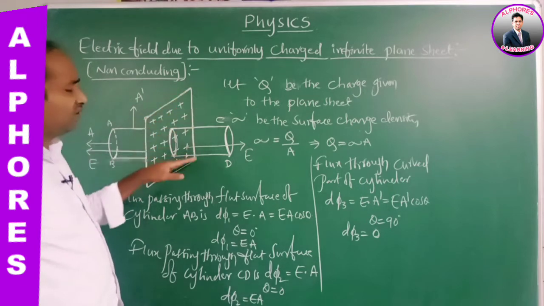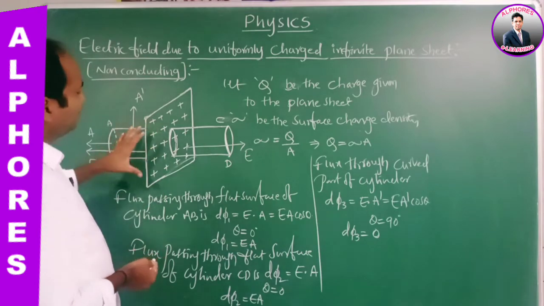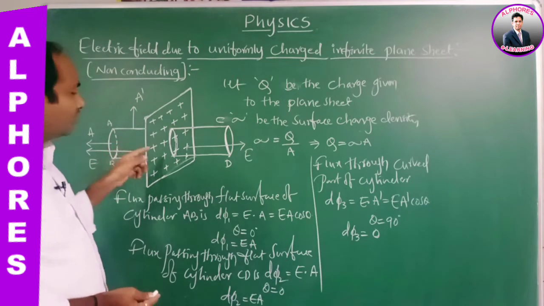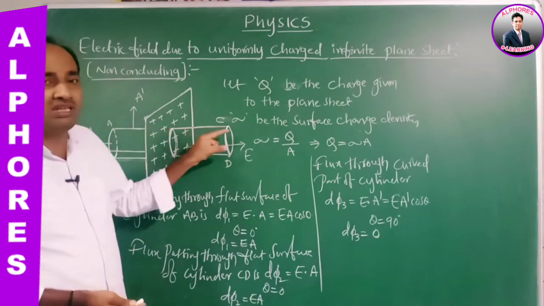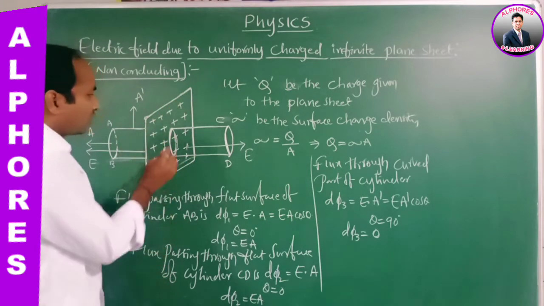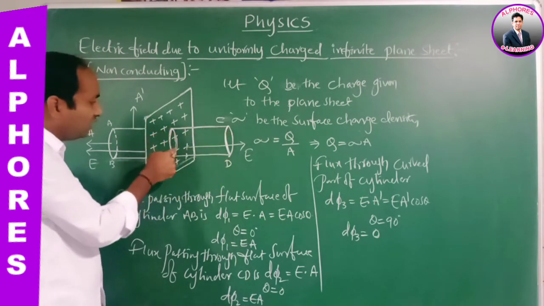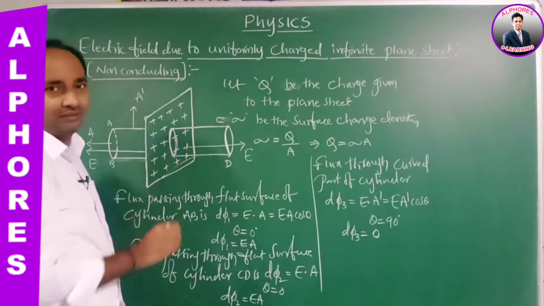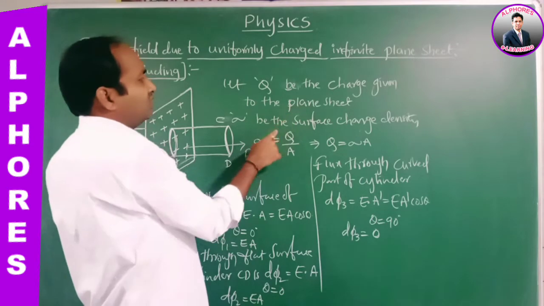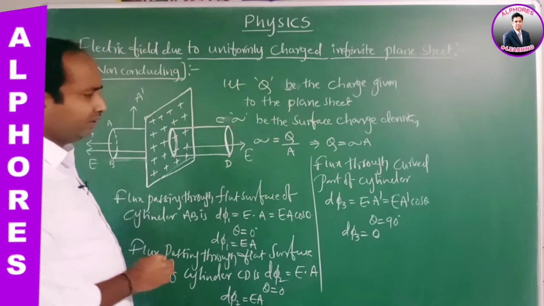Here we are taking an infinite plane sheet of uniform charge, but this Gaussian surface does not enclose the total sheet; it pierces this uniformly charged plane sheet. The area enclosed by the Gaussian cylinder is A only. We already took A as the area of the flat surface.